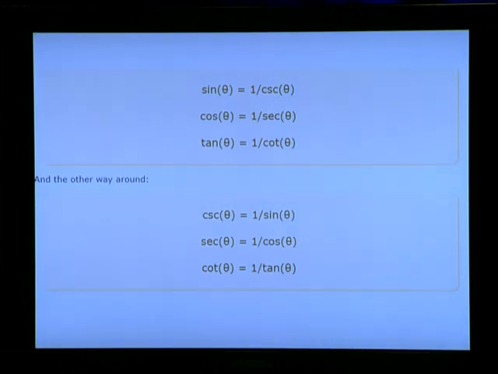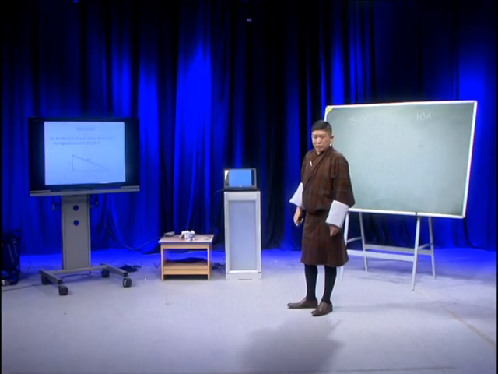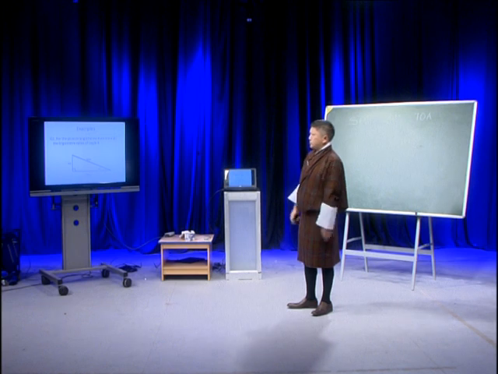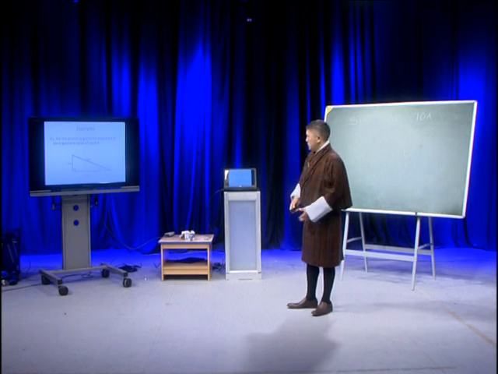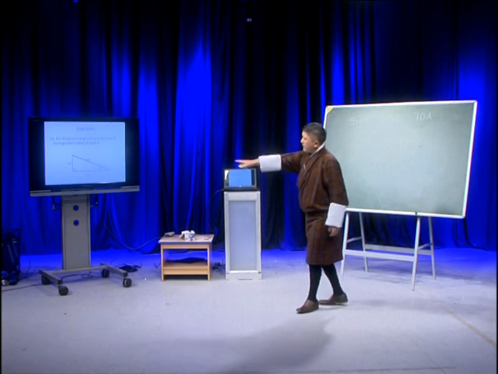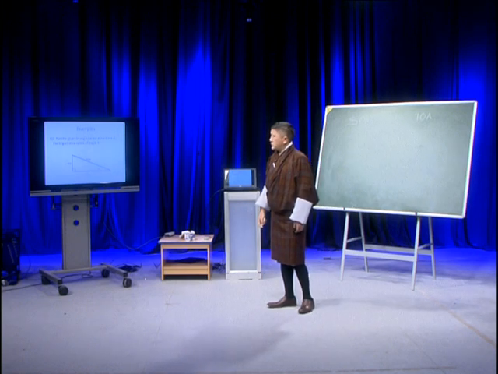So now here you can see that these are all reciprocals of each other. I'll just take you with one example how to find out the ratios. Let's say that we have these three sides of the right triangle.